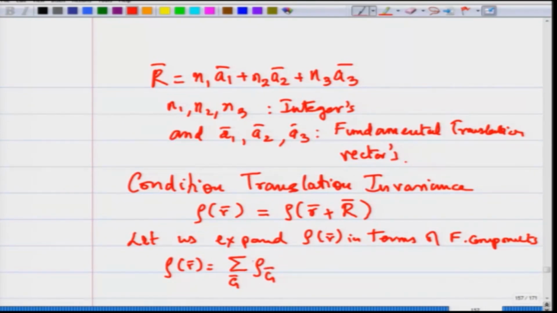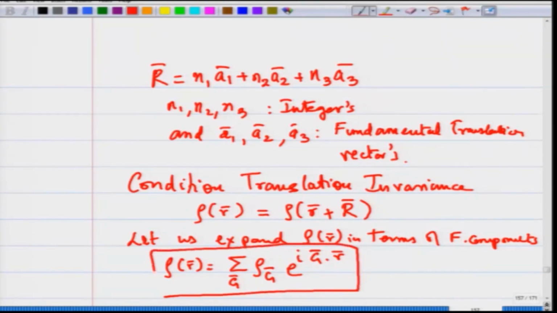So, these are the Fourier components, rho of G e raised to i G bar dot R bar. This is how I expand my density in the three dimensional lattice, in terms of these Fourier components. G is the vector with respect to which we are taking the Fourier transform, and e raised to i G bar dot r bar.